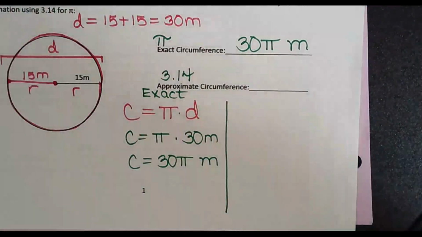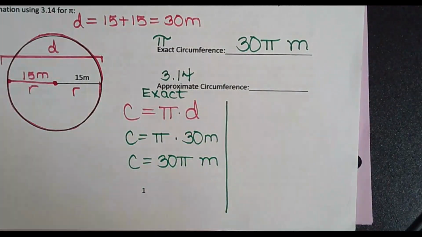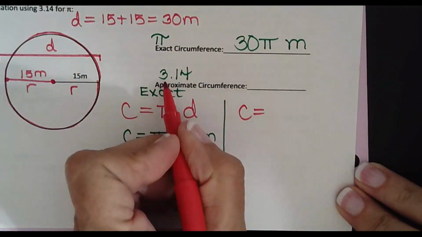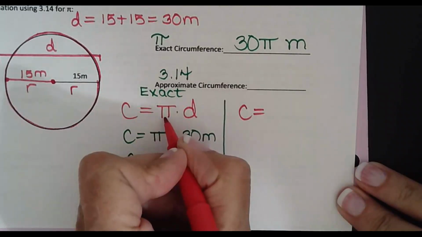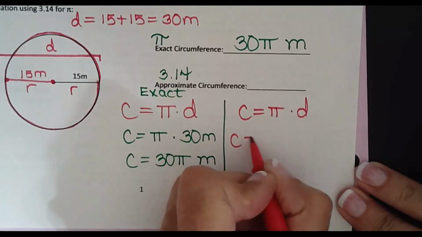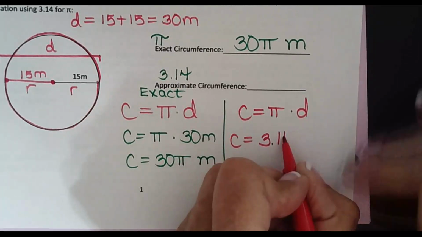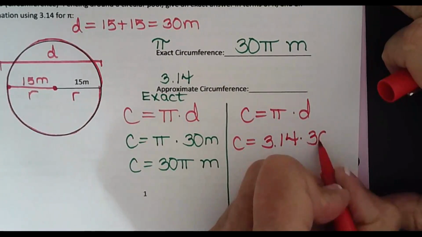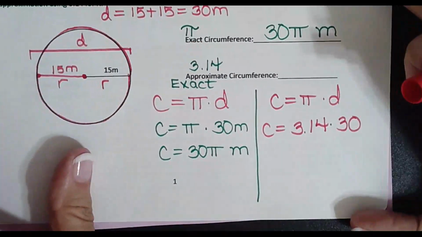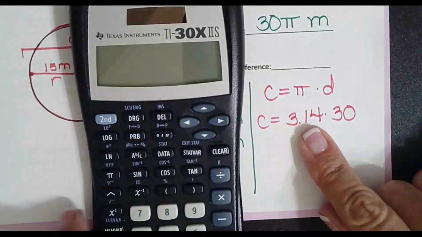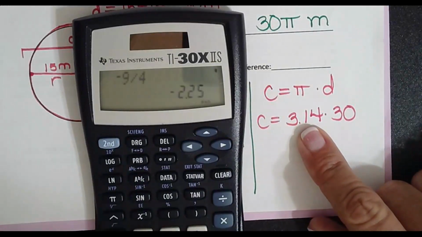Okay, so now we're going to do the approximate circumference, so 3.14 in place of pi. And then the diameter stays 30. And let's go ahead and practice on our calculator. Although that's a pretty easy one to do too.